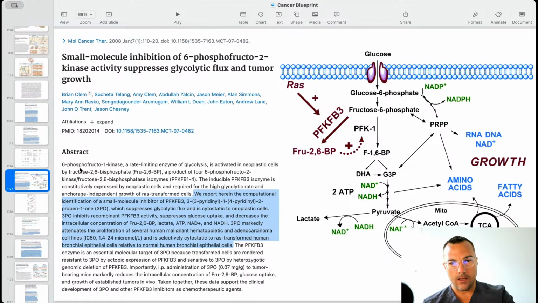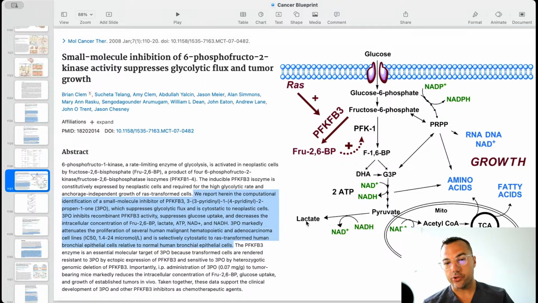The next paper was way back in January of 2008, and it was titled Small Molecule Inhibition of 6-phosphofructo-2-kinase activity suppresses glycolytic flux and tumor growth. So this is not a new discovery. They've known about this for nearly 20 years, and have been developing small molecule inhibitors.